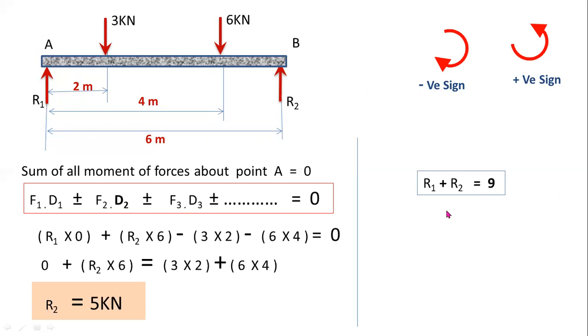After substituting the value of R2, you can get the value of reaction force R1 at the left end support. R1 equal to 4 kilonewtons. R1 and R2 are the support reactions at the supports. So this is the answer for this problem.